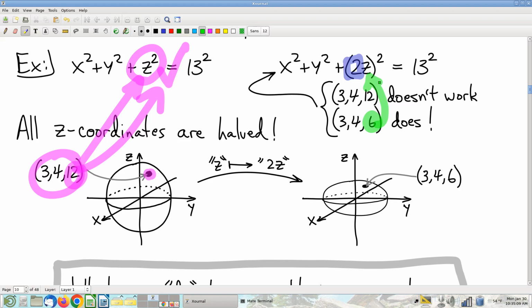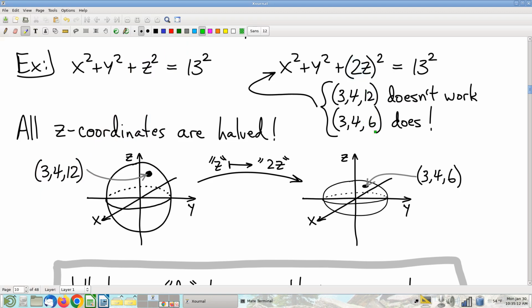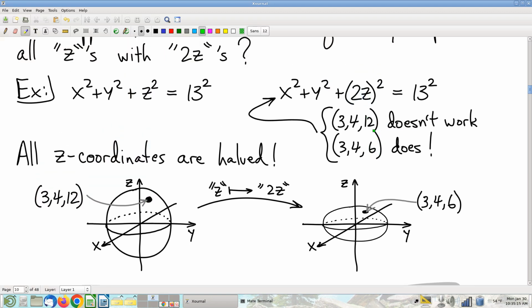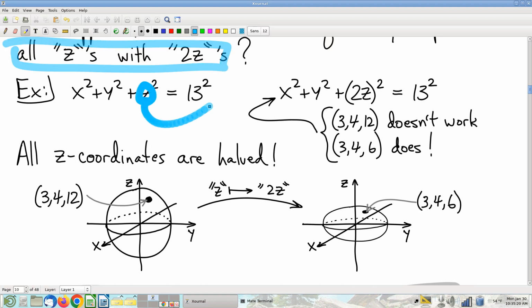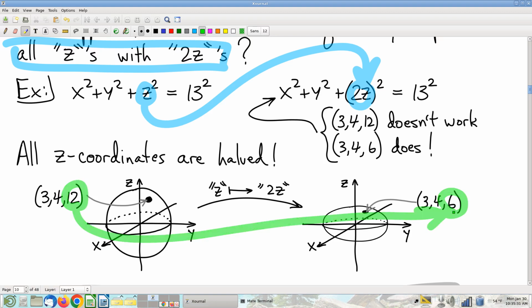Okay, so the takeaway is that when you do this algebraic move of replacing all your z's with two z's, that algebraic move in effect turns this 12 into a 6, if you will. Let me say it differently. A point there with z coordinate equal to 12 that no longer works could be thought of as being replaced by this new point that does work.